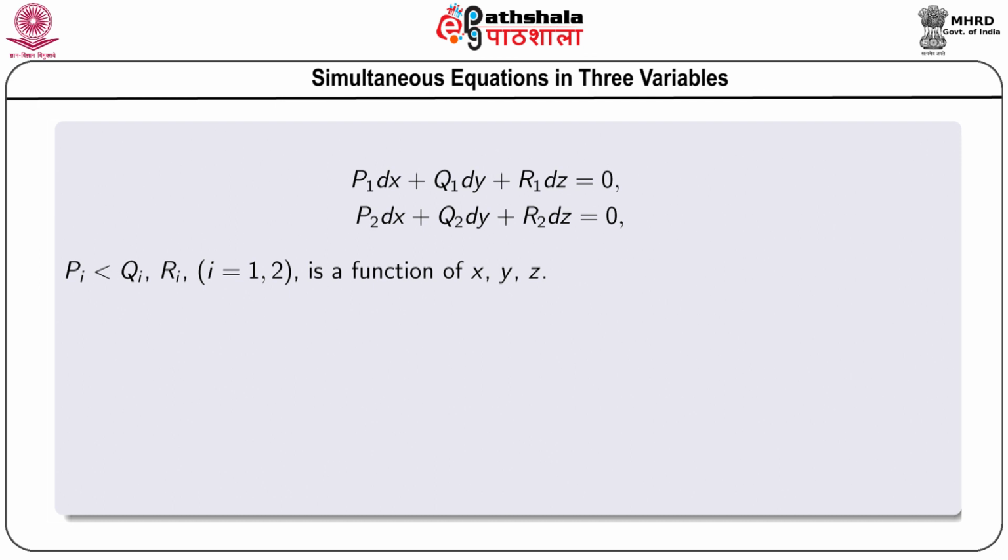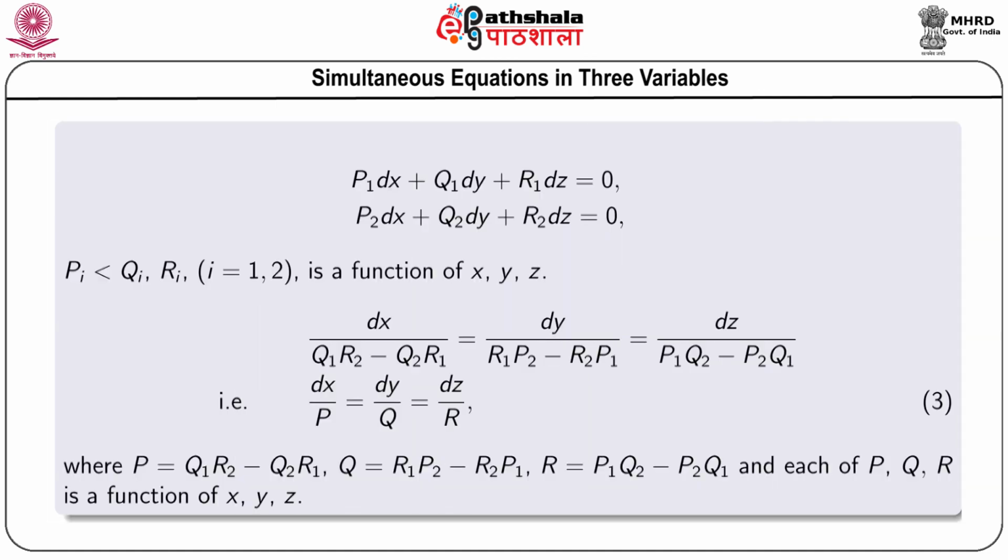The general representation of a simultaneous equation in 3 variables is this: P1 dx plus Q1 dy plus R1 dz equals 0, and a similar equation is given here, where each Pi, Qi, Ri are functions of x, y and z.